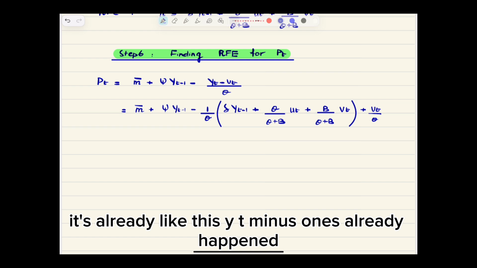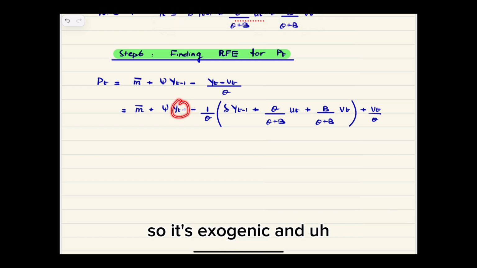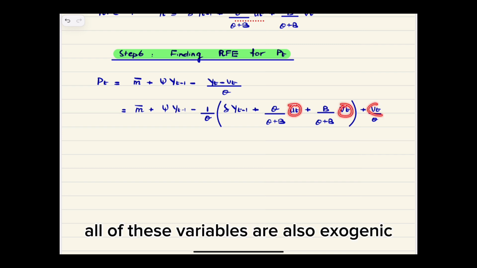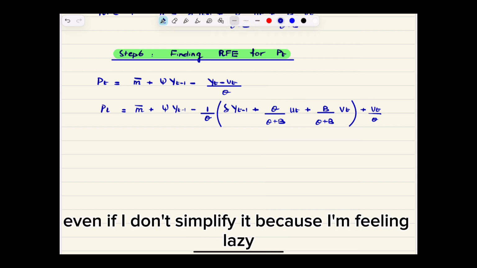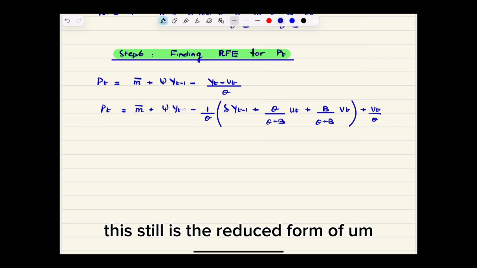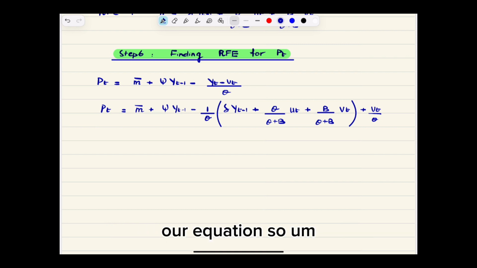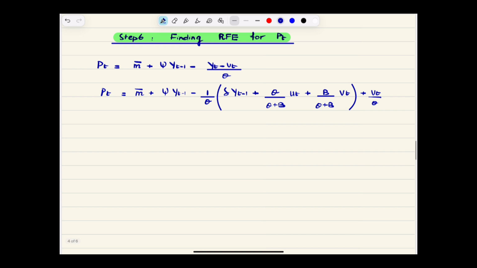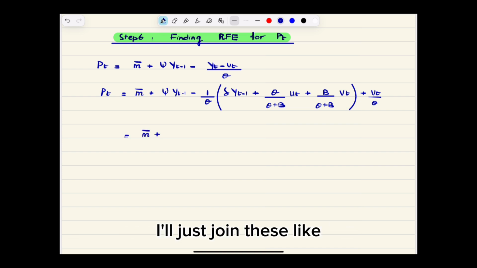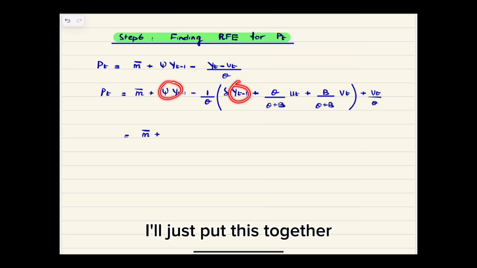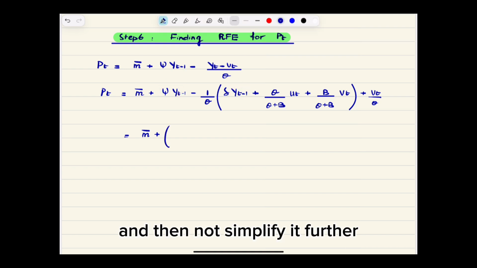It's already like this, yt minus 1 has already happened, so it's exogenous, and all of these variables are also exogenous. So even if I don't simplify it because I'm feeling lazy, this still is the reduced form of our equation. So I'll just put this together and not simplify it further.